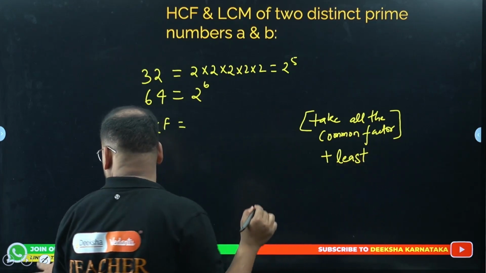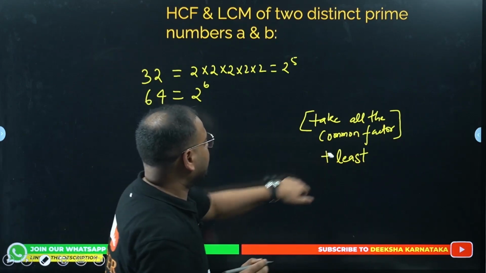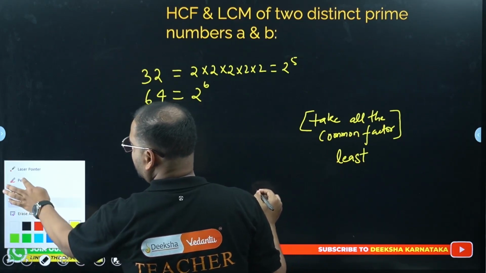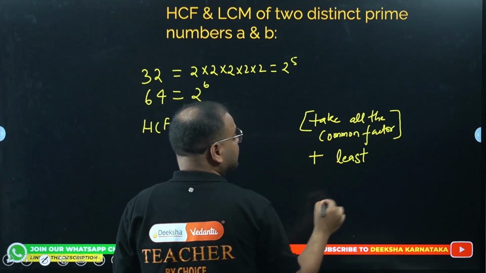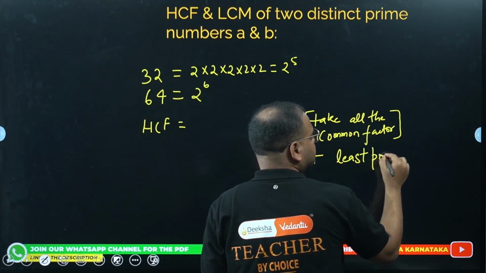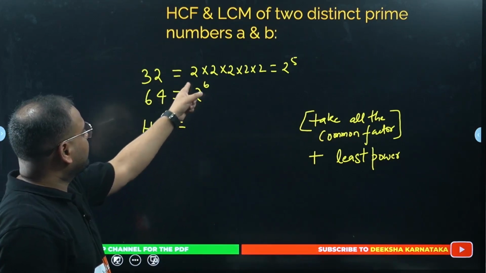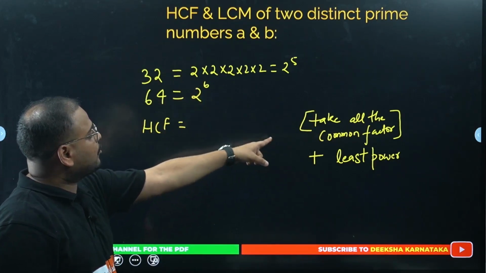So what I've written here is, that's a plus sign, okay? So with least power, let's apply. So HCF of these two numbers, common factor is what?